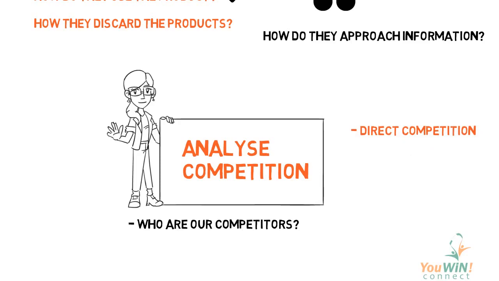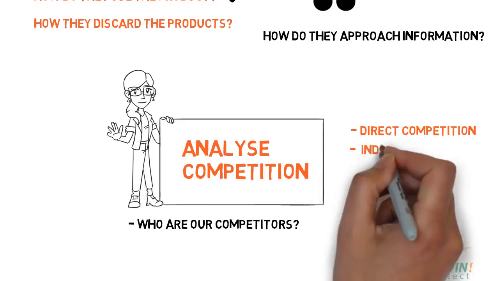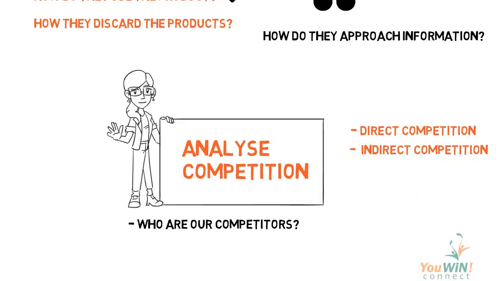First, you can have direct competition, which is somebody who makes the same kind of products and plays in the same market as us. A very good example that readily comes to mind would be Coke and Pepsi. However, we can have other types of competition that are not direct. You can also have indirect competition. Indirect competition is when the customer uses their budget to do something else.